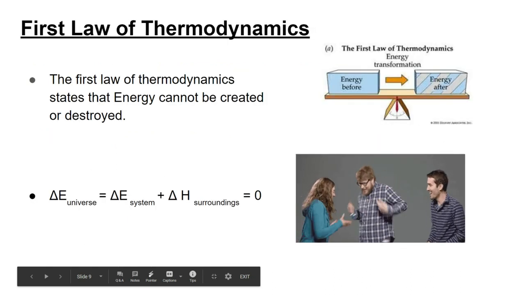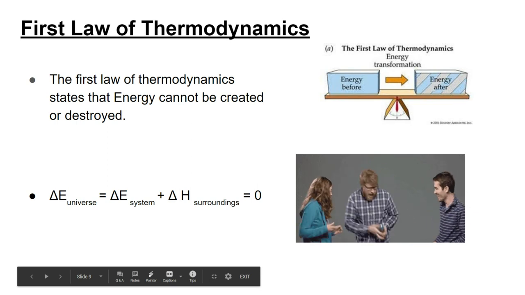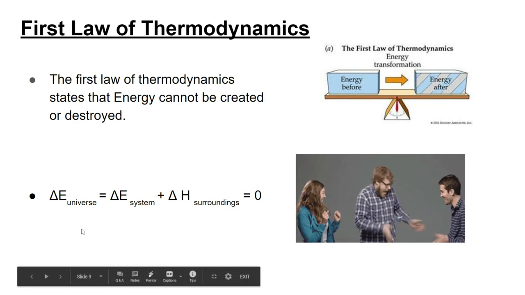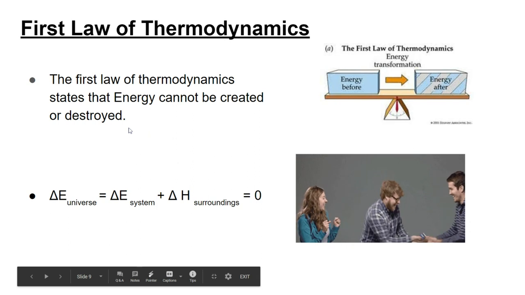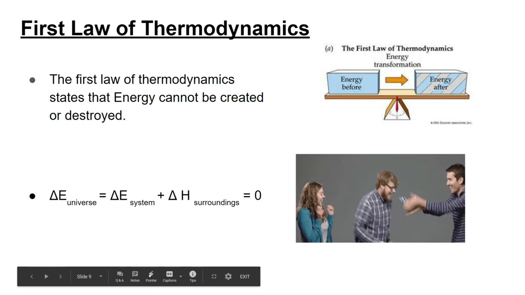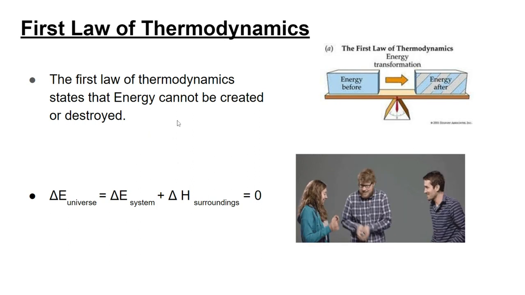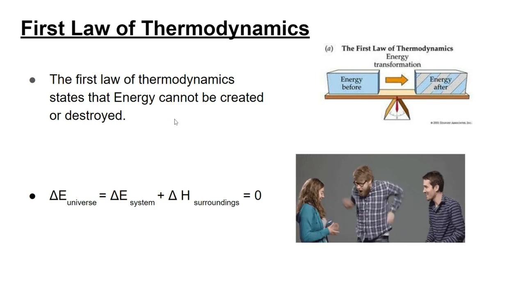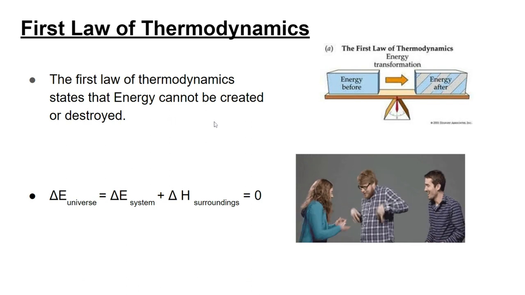So that leads us to the first law of thermodynamics. The first law of thermodynamics states that energy cannot be created or destroyed, but it can be transformed from one form to another. Remember what we did, from mechanical to heat, heat to light, and back to mechanical.